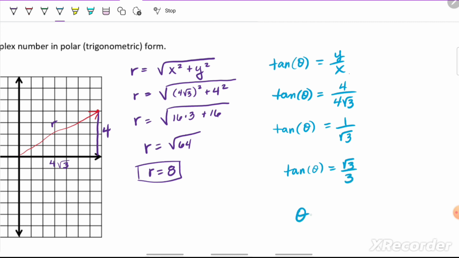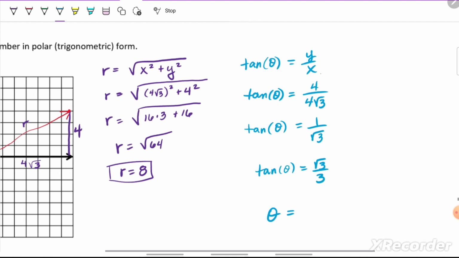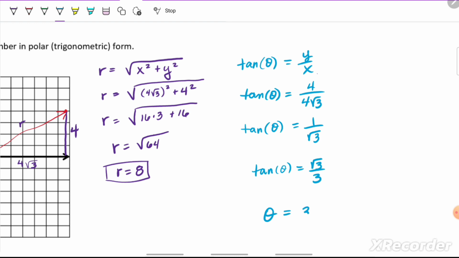Now, this happens when theta is equal to, now we need to be in the first quadrant because that's where our graph is. So it happens when theta is equal to 30 degrees.